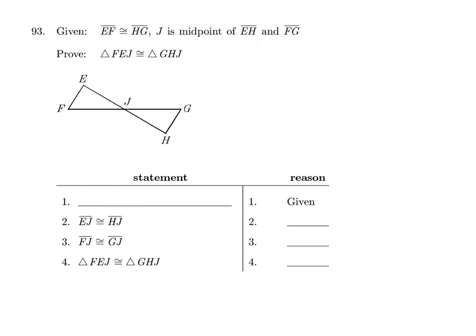We have a proof here that we have to complete. EF is congruent to HG. And J is the midpoint of EH and FG. That's given.